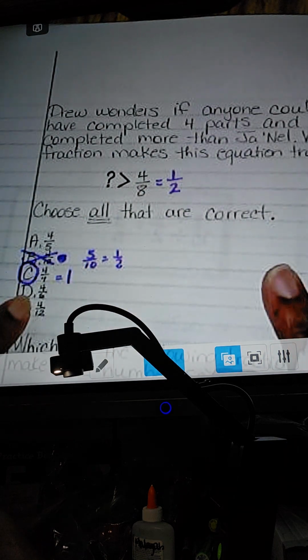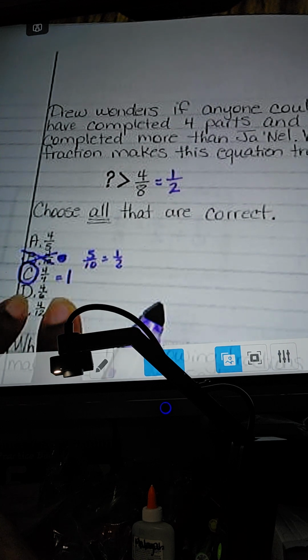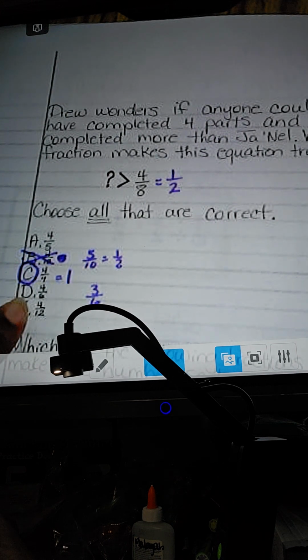All right, and then D. What is 1/2 of 6? 3/6. So I know 3/6 is equivalent to 4/8. So 4/6 is, it's greater.